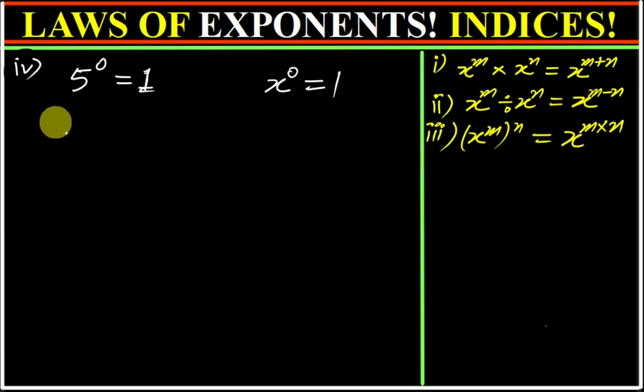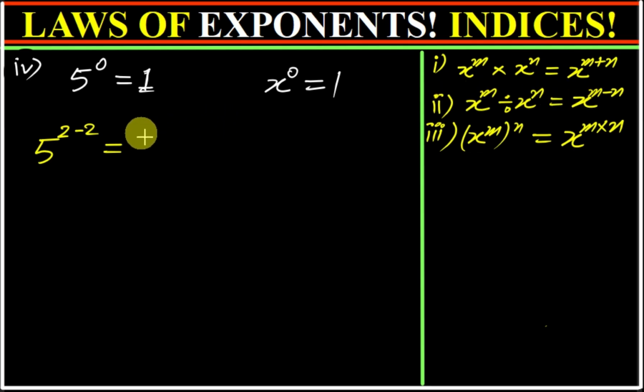If we have 5 raised to the power 0, how can we write it? We can write it as 5 raised to the power 2 minus 2. So 5 raised to the power 2 minus 2 is what? It is subtraction of powers. You can see this is the reverse use of the second law of exponents.